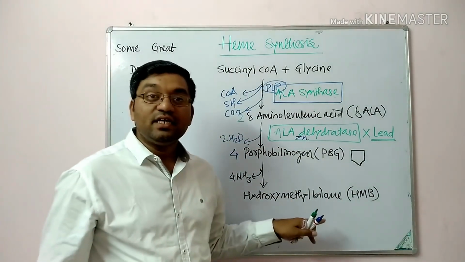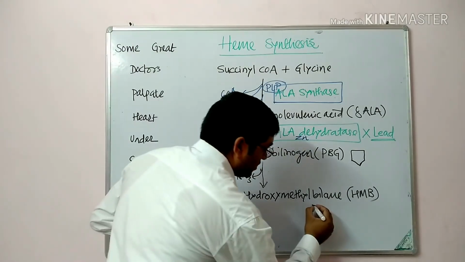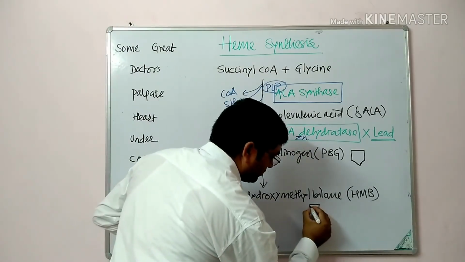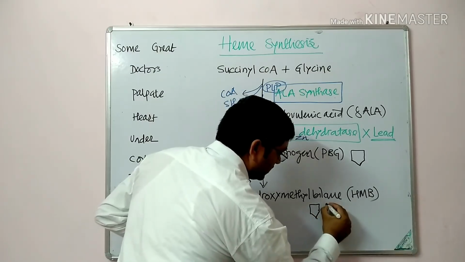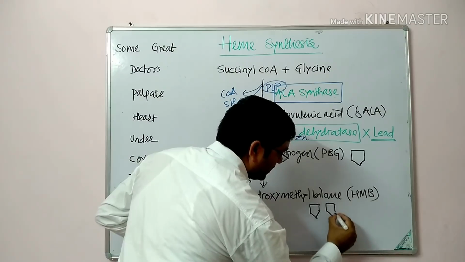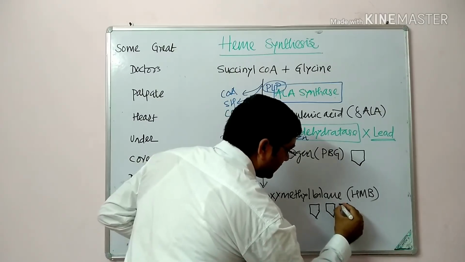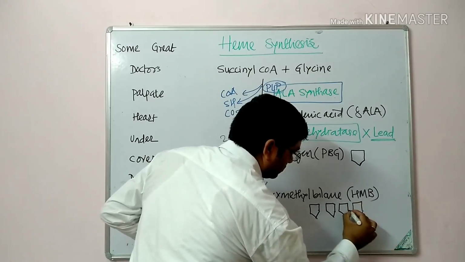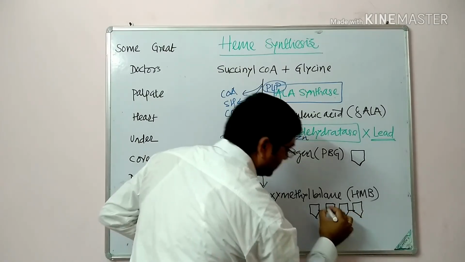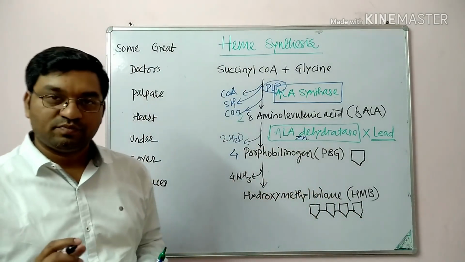This one is a linear tetrapyrrole, which means there is formation of a pyrrole ring in the first step, that is porphobilinogen. In the next step, there is formation of a linear tetrapyrrole on deamination. This is connected by methylene bridges.